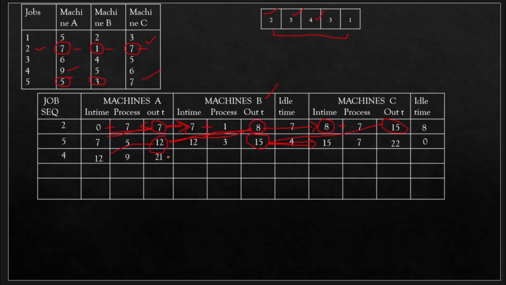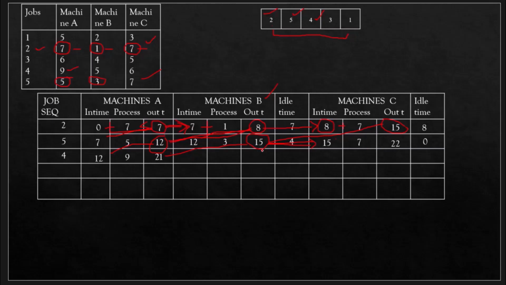Next again we want to cross check whether machine B was engaged with any task or not. For that sake we cross check the out time of machine B job 5 and the out time of machine A job 4, which is 21 hours against 15 hours. So here machine B is idle now.